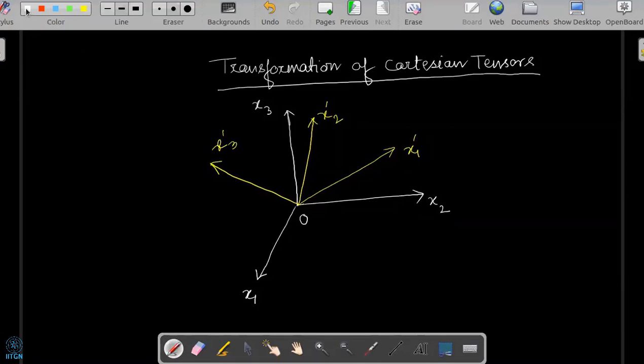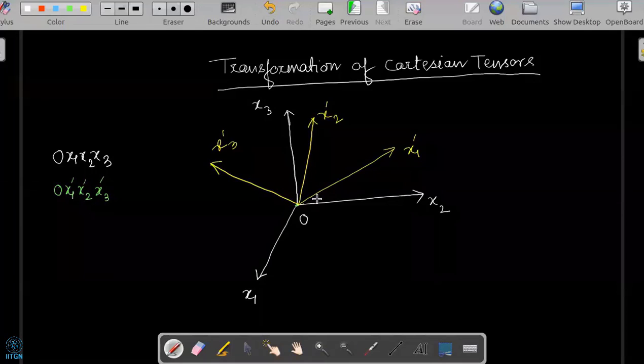So we have one coordinate system, O, x1, x2, x3, and another coordinate system, O, x1 prime, x2 prime, x3 prime. Now what we have done is rotate this coordinate system, keeping the origin the same.